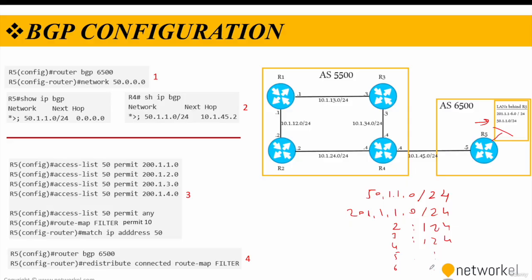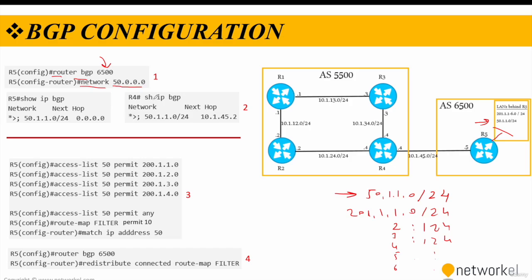Okay, so in here, if I just want to advertise this network, for example, this network first, I can go ahead to router 5 and I can try to advertise it by using the network command. Router BGP and the AS number, and I can go ahead and type only the network 50.0.0.0. Okay, so that is how I am doing the advertisement by using the network command.